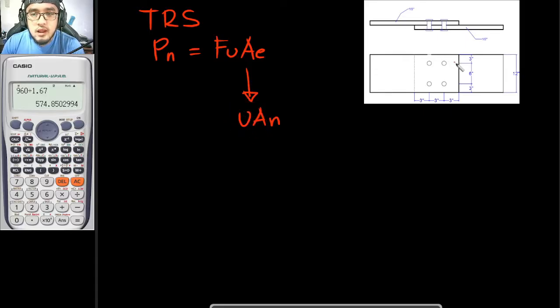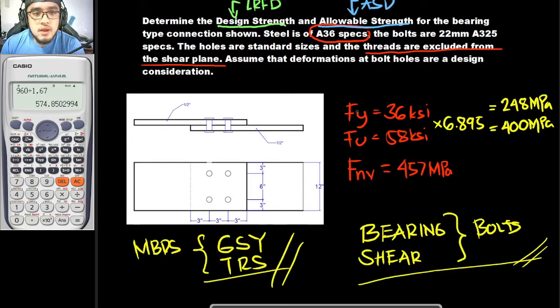So for the net area of it, so etong net area is to be equal to the cross-sectional area of your plate minus the area of the holes, which is this portion right here. Ano daw pala yung gagamitin nating holes?